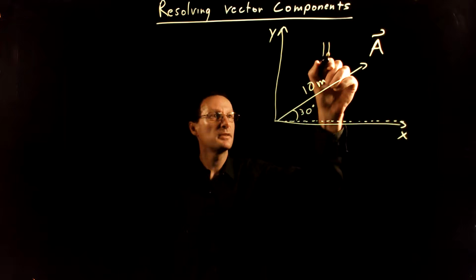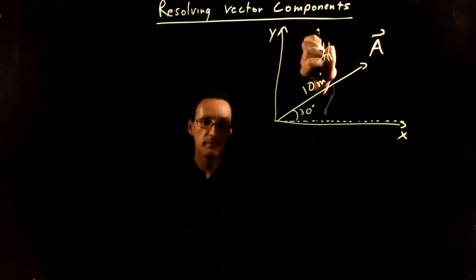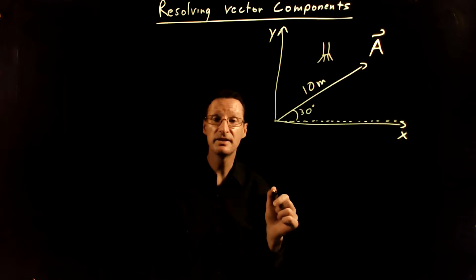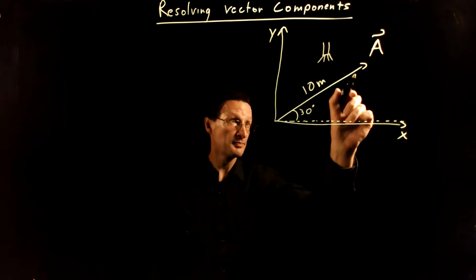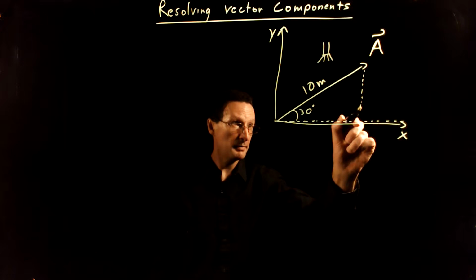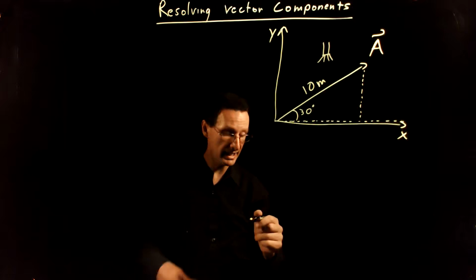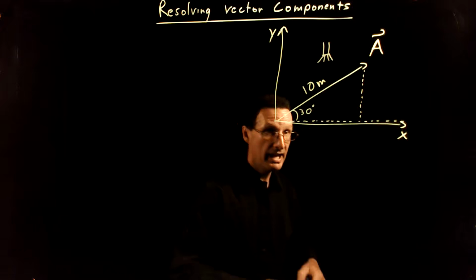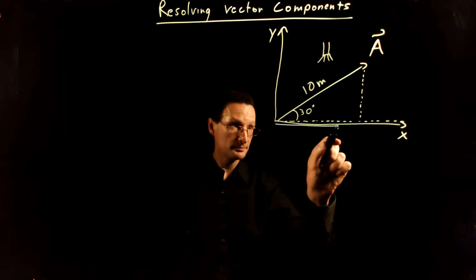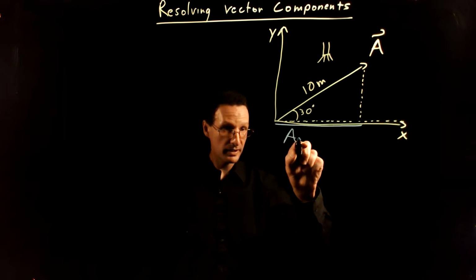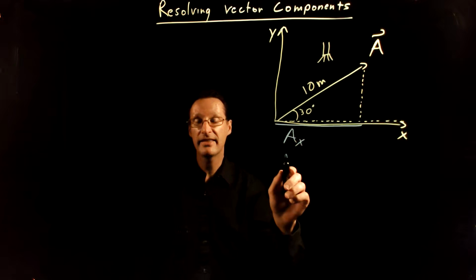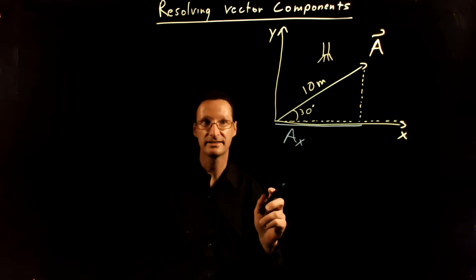So to do that, I do this little mental model where I imagine I have a flashlight and I'm shining that flashlight down perpendicular to the x-axis. And when I do that, the vector A is going to cast a shadow along the x-axis, and the length of that shadow is my component Ax. That is the part of A that is parallel to the x-axis.